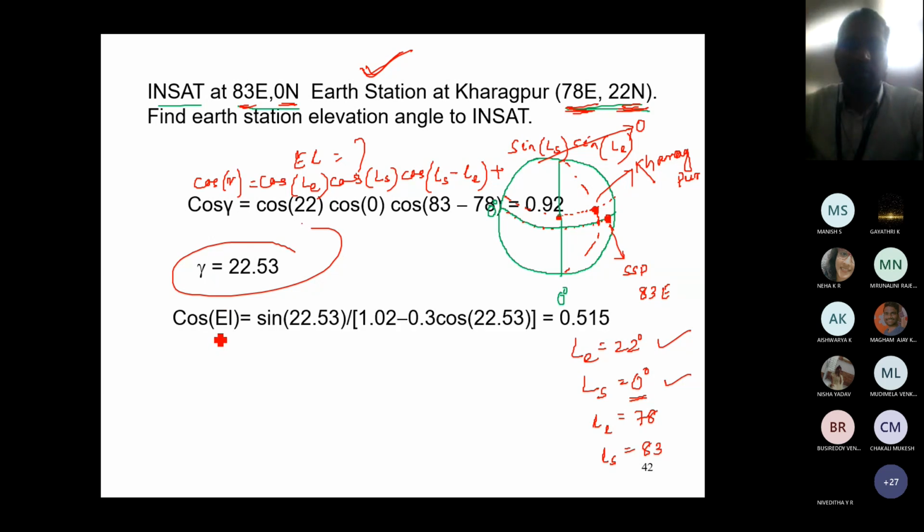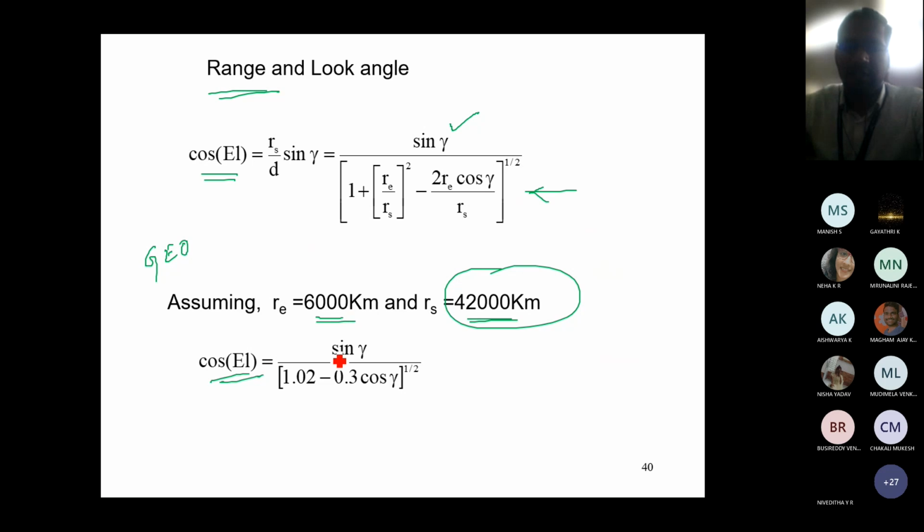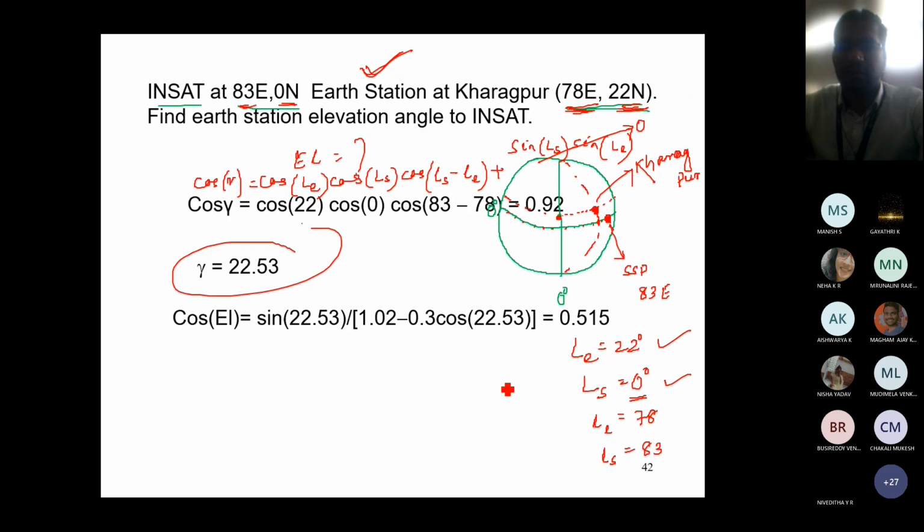So we know cos elevation is equal to sine of gamma divided by the square root of 1.02 minus 0.3 cos gamma. So we use that, and we get cos elevation. So what is the elevation angle?